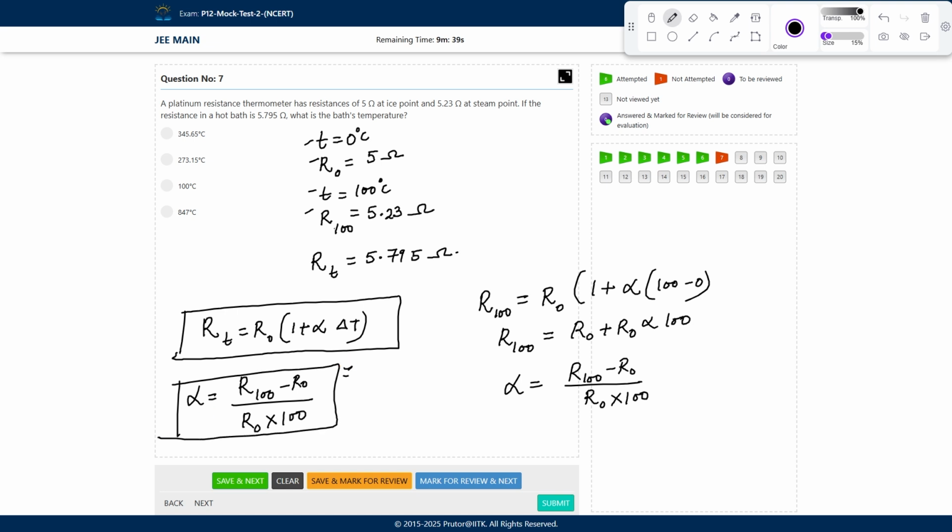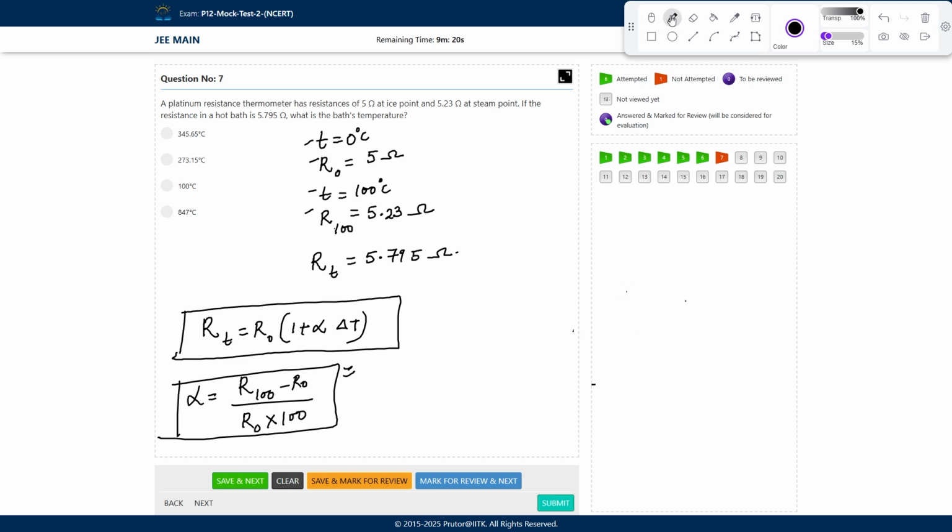So this is alpha. We know all the values. We are not going to put them here, we are going to put them at the end. I have written the final expression for alpha.